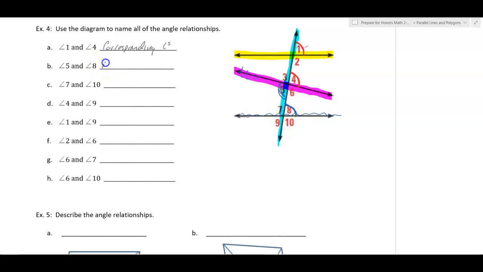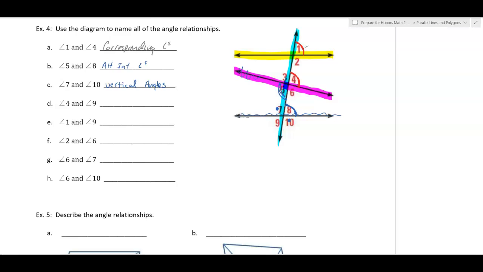Both are interior. So those are alternate interior angles. 7 and 10. If you remember, these don't have relationships with the transversal, right? What type of angles are these? If you remember from geometry this year, you would know that those are vertical angles.